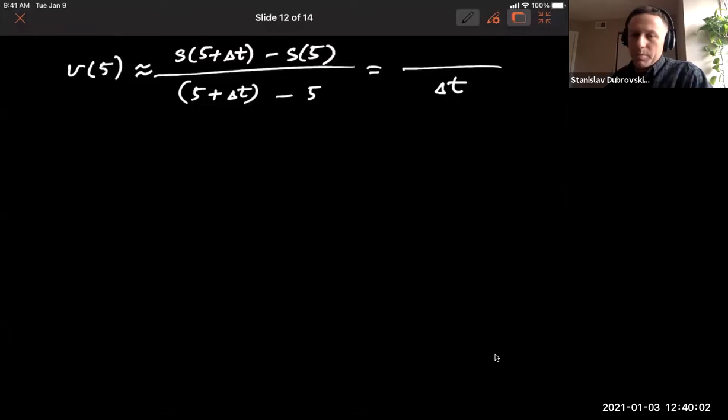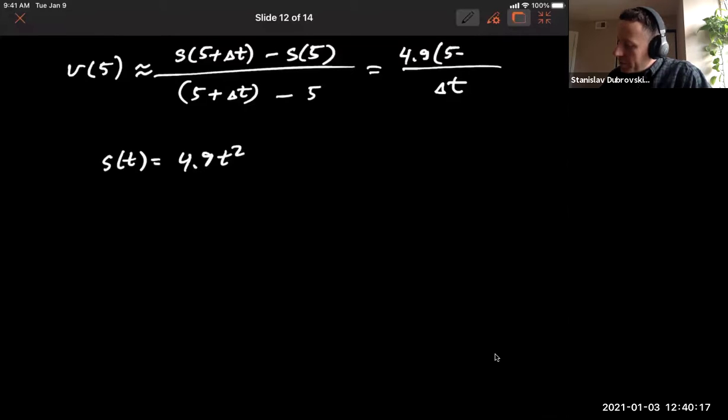So on the top, let's plug in the formula for S of T, which we said is 4.9 T squared. So we'll have 4.9 times 5 plus delta T squared minus 4.9 times 5 squared.